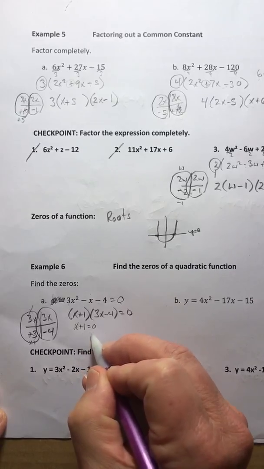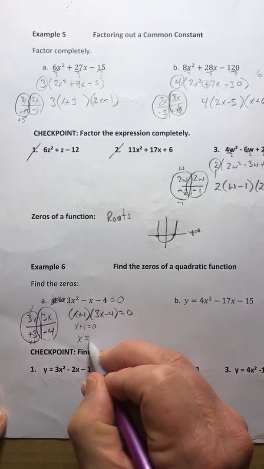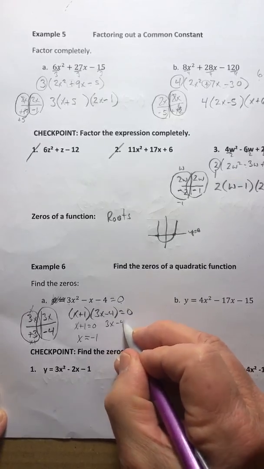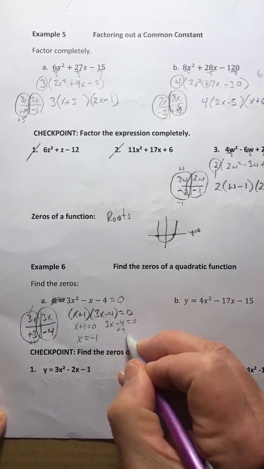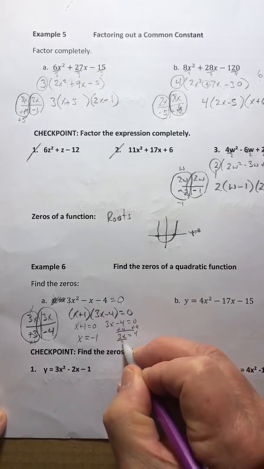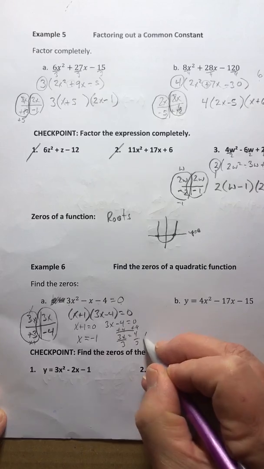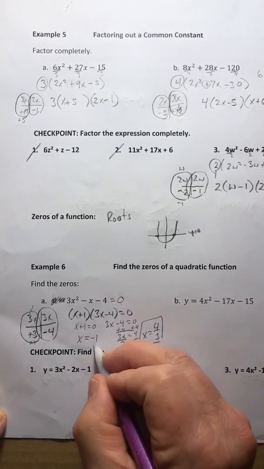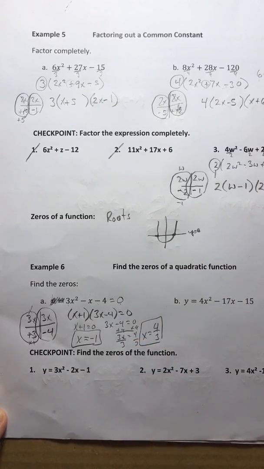You would subtract 1 from both sides, and you get x equals negative 1. And then the other one, you got 3x minus 4 equals 0. So we would add 4, get 3x equals 4, and then we would divide by 3, and we would get x equals 4/3. So we get two answers, x equals 4/3 and x equals negative 1.